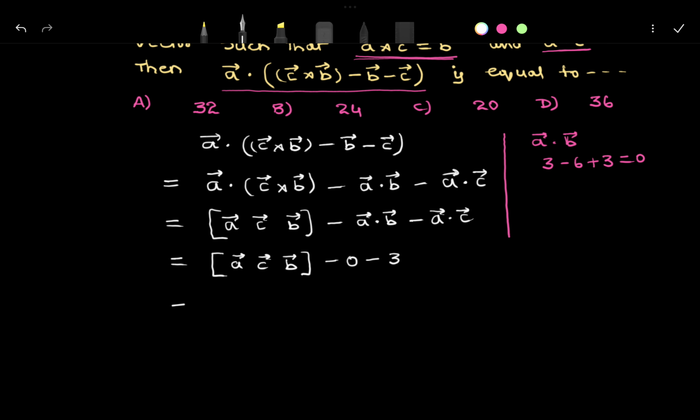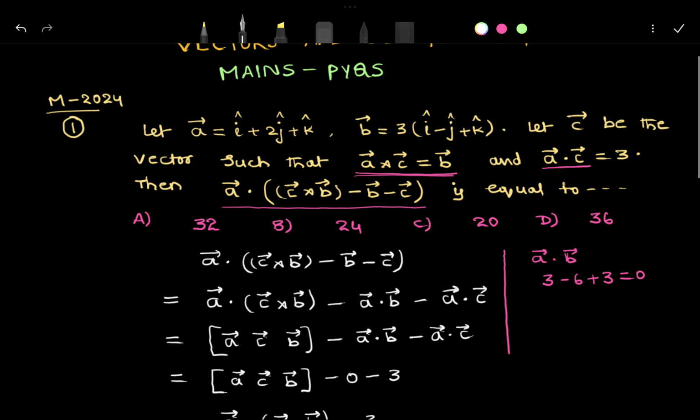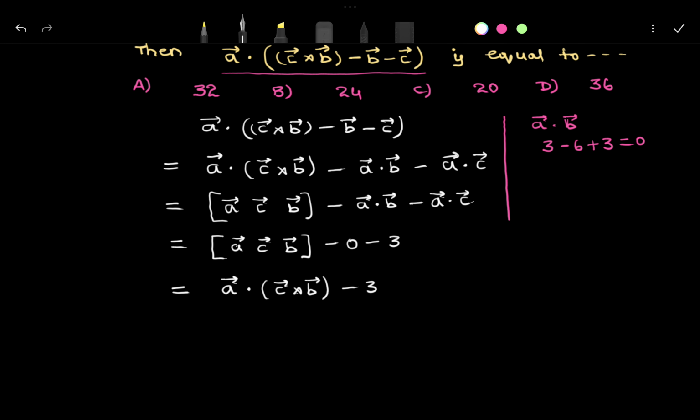After this, we can write the value as a dot c cross b, minus 3. In the question you have a cross c equal to b bar. You know that in a scalar triple product, dot and cross can be interchanged.